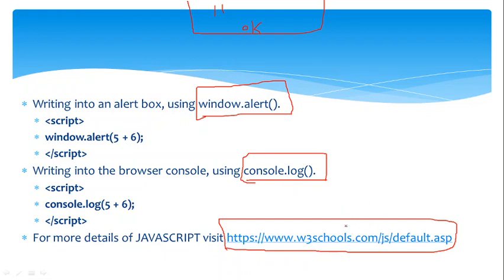Okay, so this is the main concept for this. We are not going in depth, we are just showing you the basic idea of this programming language, and based on this you can search on the internet, you can explore, and you can go to the advanced level. Okay, so this is about JavaScript.